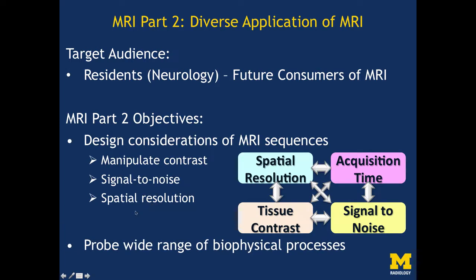The other aspect I'd like to cover is that there's a lot more than anatomy. MRI is recognized for being extremely flexible and powerful in the range of biophysical processes that it can document. And I'll cover that in the second half.